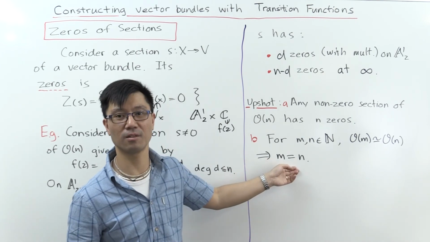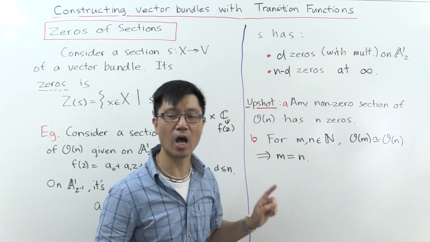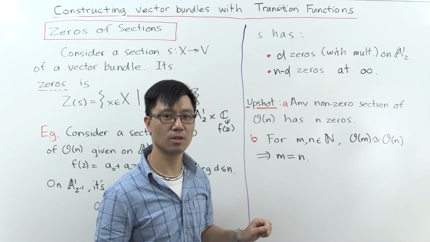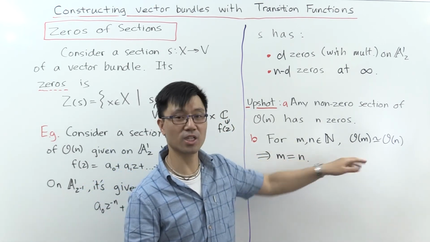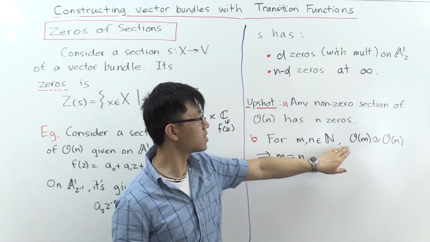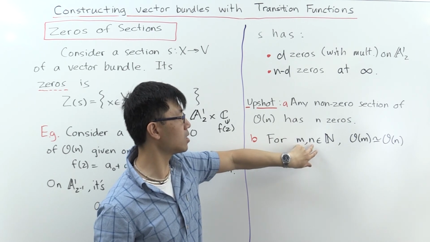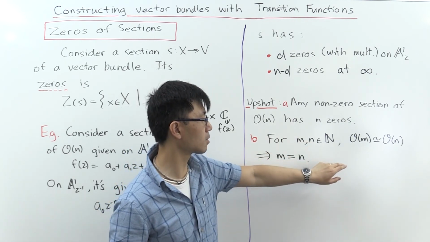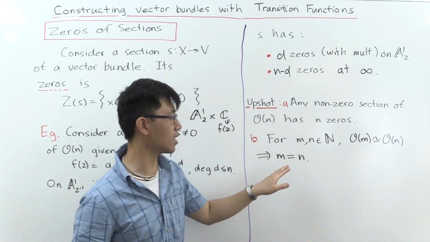M equals n. And in particular, if m and n are distinct, you'll get non-isomorphic line bundles. So that means that in our construction, we actually get lots and lots of different line bundles, an infinite number. And in fact, this holds true even for negative numbers here. So given any two integers, m and n, you have an isomorphism like this if and only if the two integers are the same.